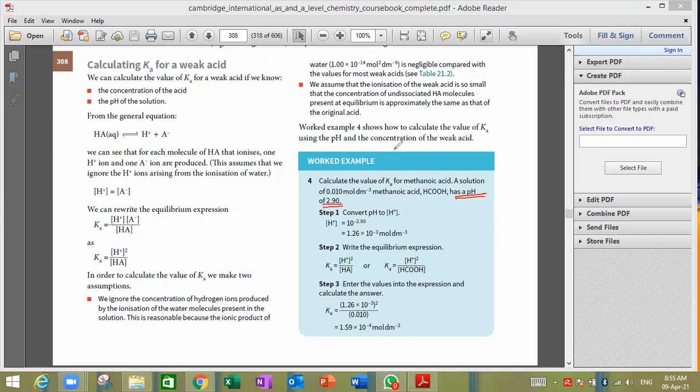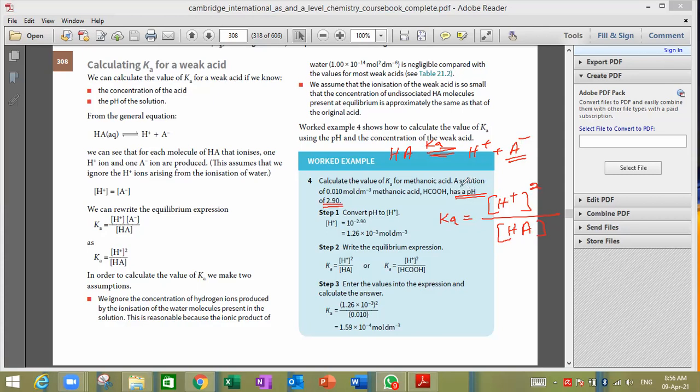Now, methanoic acid, if we consider it HA, it partially ionizes into hydrogen ion plus methanoate ion. And this means that we have the acid dissociation constant Ka equal the hydrogen ion concentration. And we said that we are going to remove the A minus and put instead of it another hydrogen ion, as both are equal. So the Ka equals the H positive squared divided by the concentration of the acid itself.